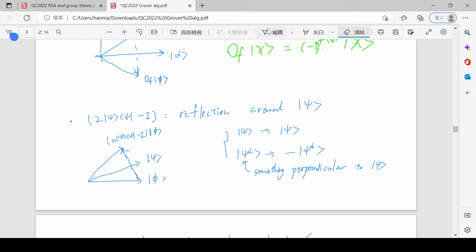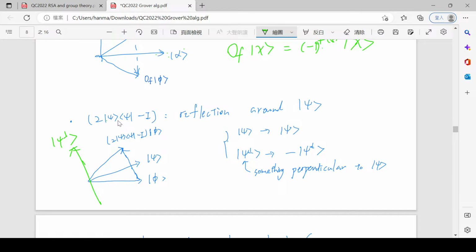You can decompose everything into this space, this basis of phi, and the component orthogonal to phi, let's call this phi perpendicular.